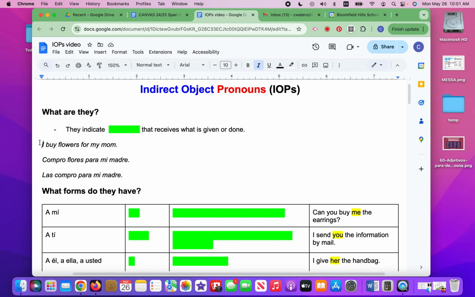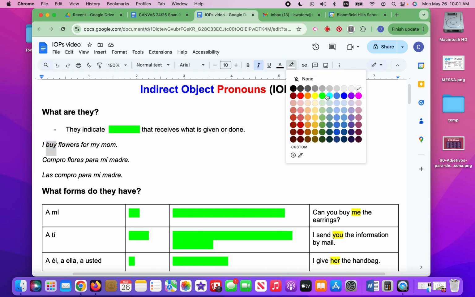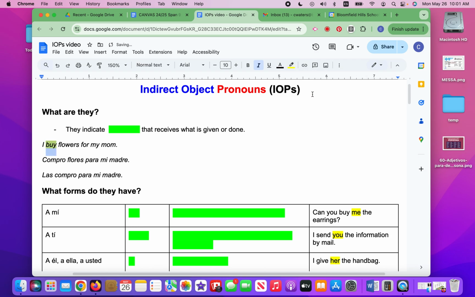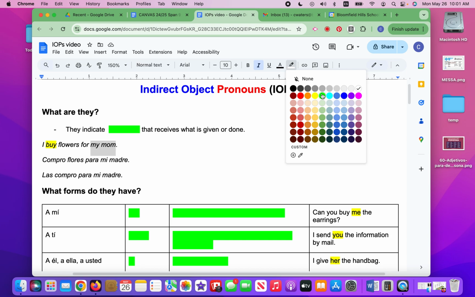Okay, in the sentence, I buy flowers for my mom. To find the indirect object, I have to find the main verb and ask for whom. So we know we're buying something for someone. Okay, you're buying for whom? My mom. My mom is the indirect object in the sentence.